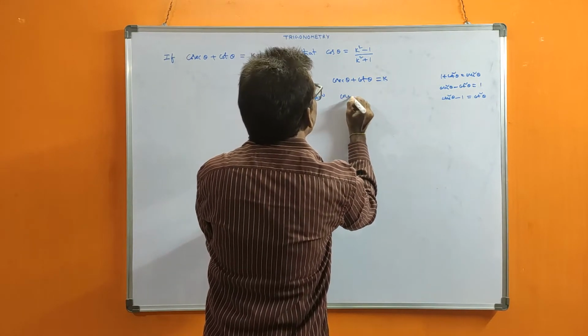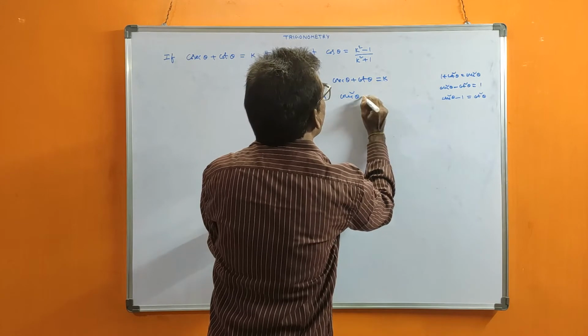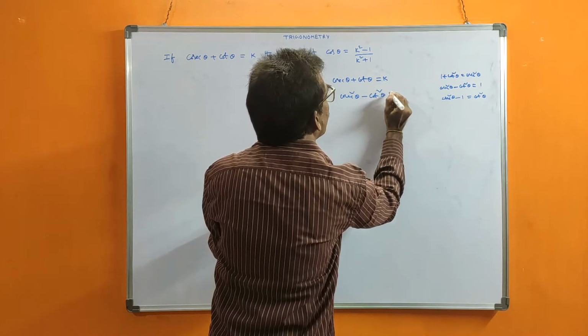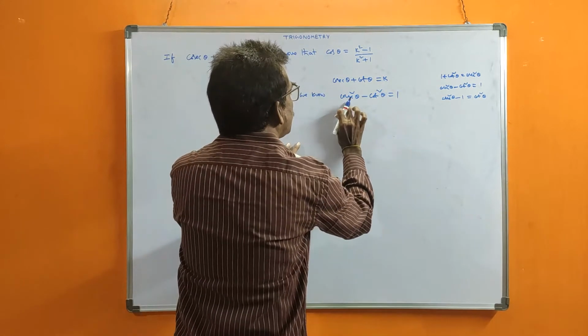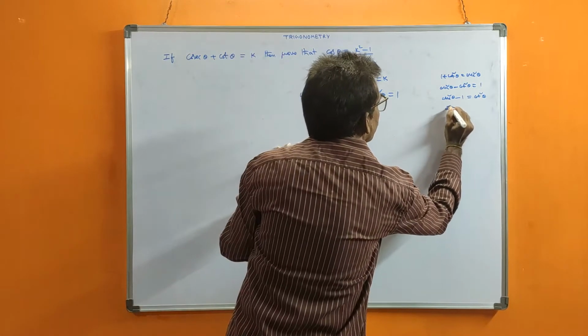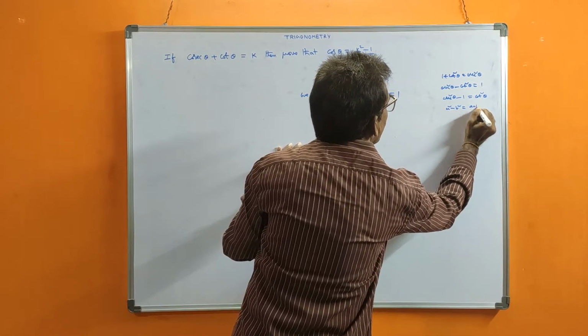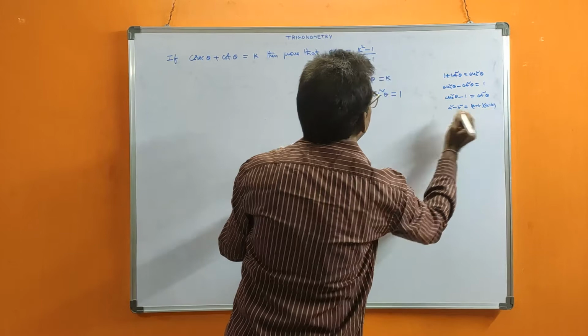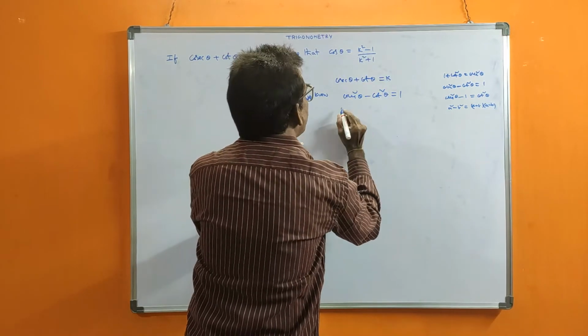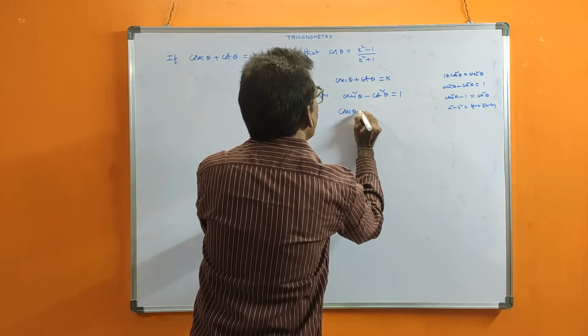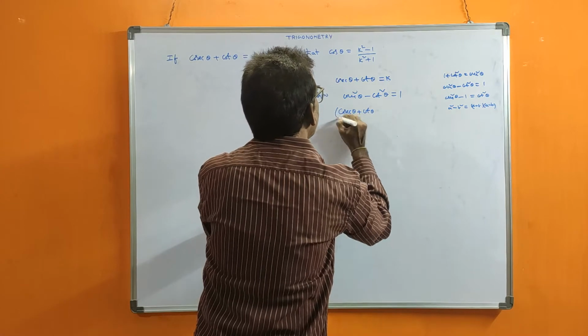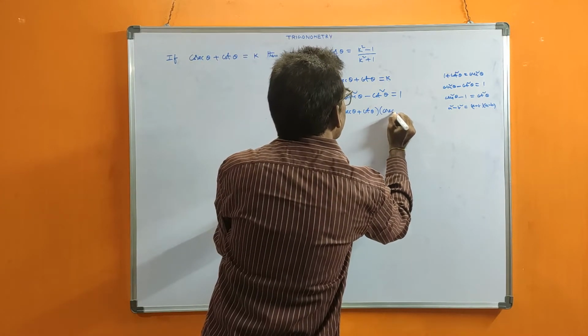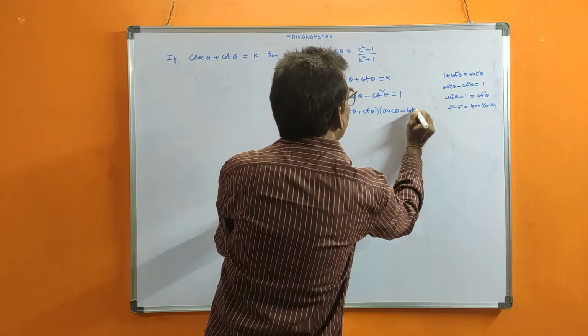We know cosecant square theta minus cot square theta is equal to 1. That means a square minus b square, and a square minus b square is a plus b into a minus b. According to that, we can write it as a plus b into a minus b.